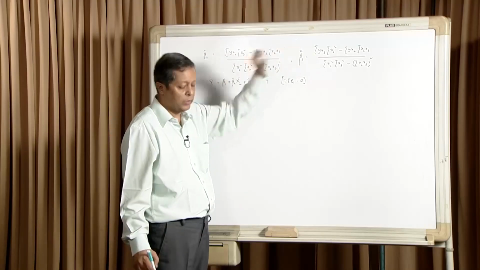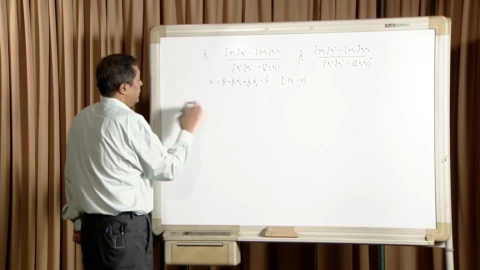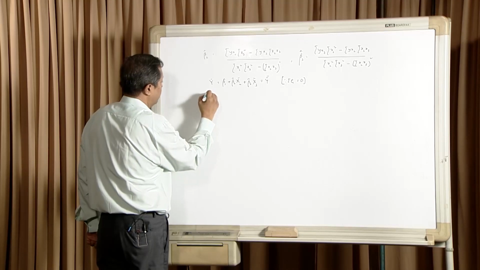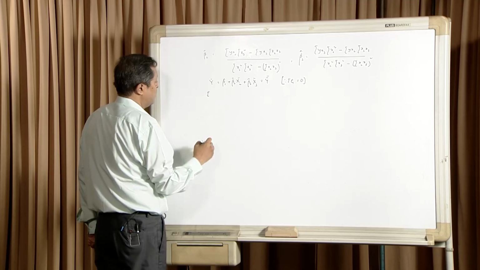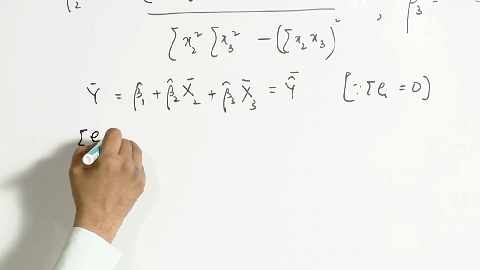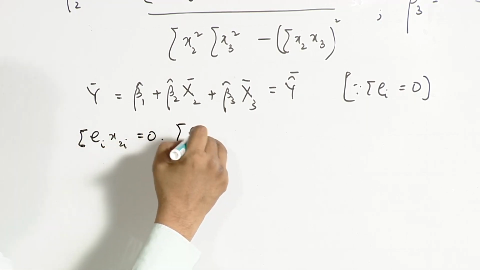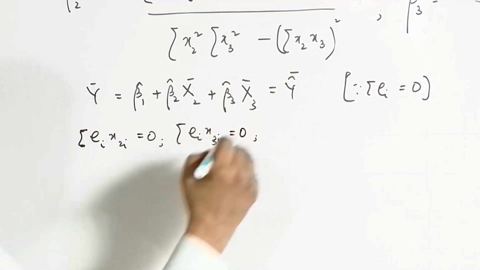Now, how do we come to these expressions? Let us see using algebra. The first, second and third normal equations converted into deviation form gave us summation ei x2i equal to 0 and summation ei x3i equal to 0.